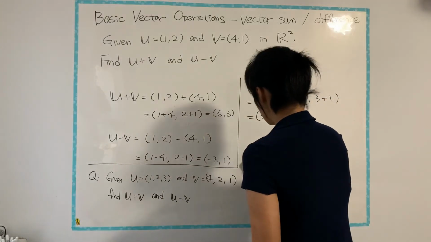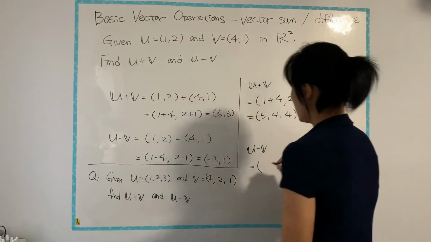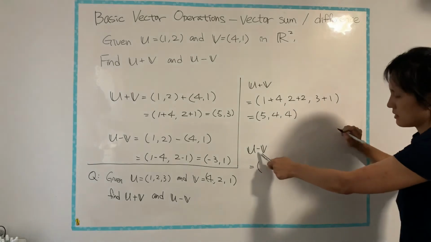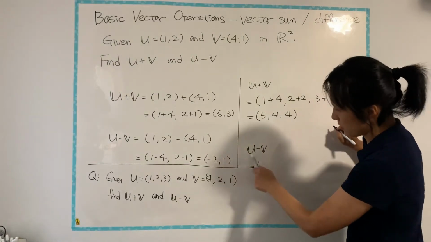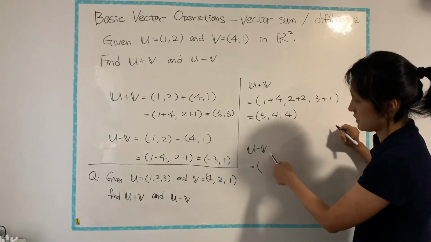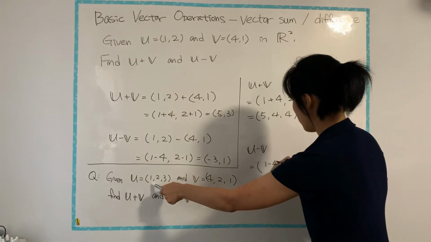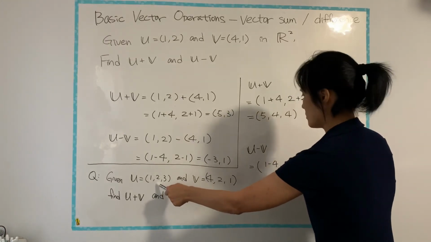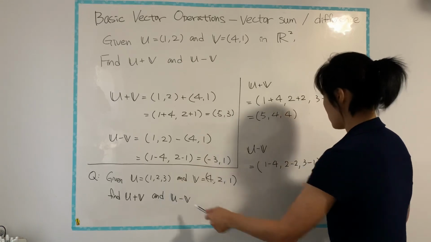And vector u minus v will be, okay, because we're taking subtractions, the order is important. It's u minus v, not v minus u. So it has to be 1 minus 4, and then 2 minus 2, and then 3 minus 1.